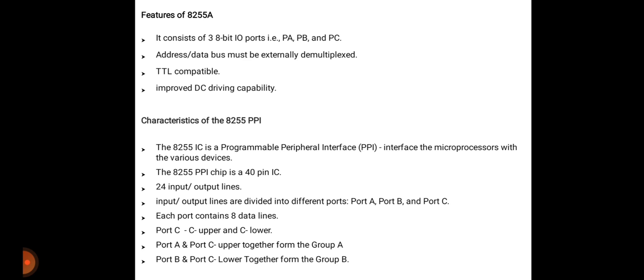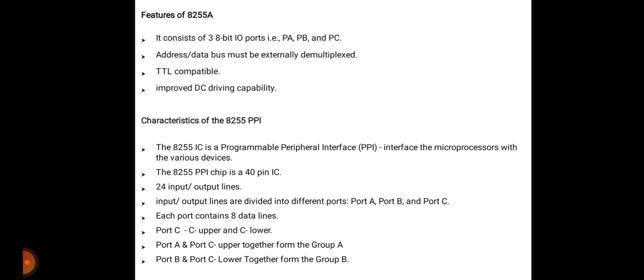And what are the characteristics of 8255 PPI? The IC, which is the programmable peripheral interface, is used to interface the microprocessor with various devices. Again it is a 40 pin IC. Then there are 20 input and output lines.